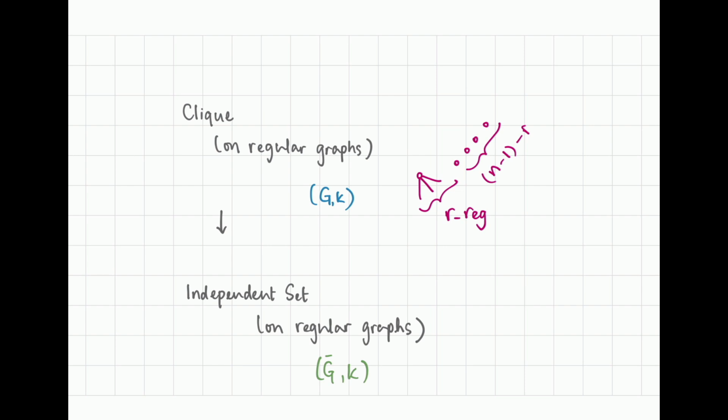And when you complement the graph, therefore, you're going to end up with an n minus 1 minus R regular graph, because this applies to every vertex. So the regularity is preserved, and you end up having exactly what we claimed, which is that independent set on regular graphs is as hard as clique on general graphs, because now you can chain the reductions as we said before.